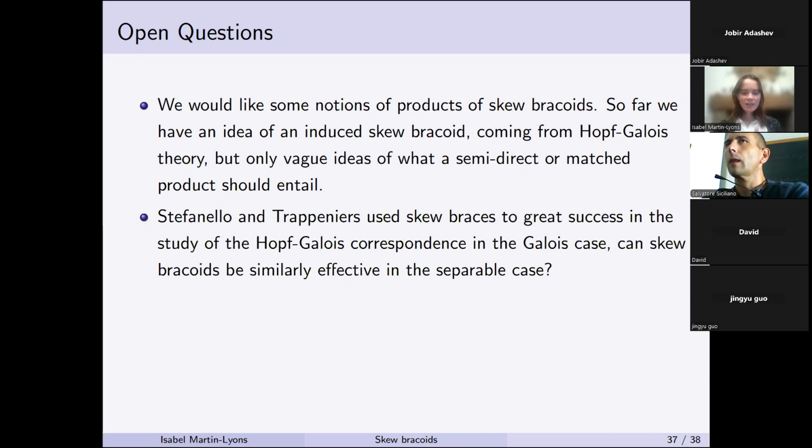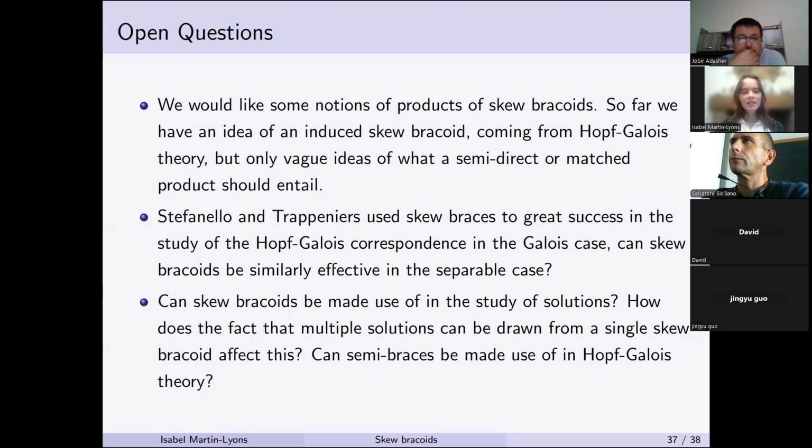Then Stefanello and Chapliniers use skew bracoids to great success in the study of the Hopf-Galois correspondence. In the Galois case, as I said, it would be nice to use skew bracoids in a similar way. And finally, we've made this connection between skew bracoids and solutions, but is that actually of use to anyone?